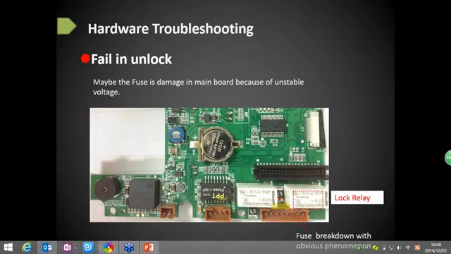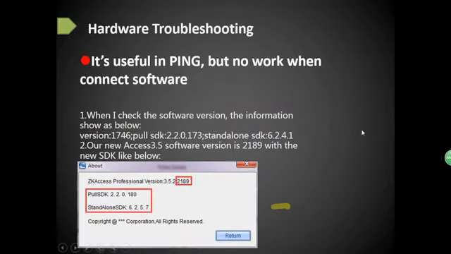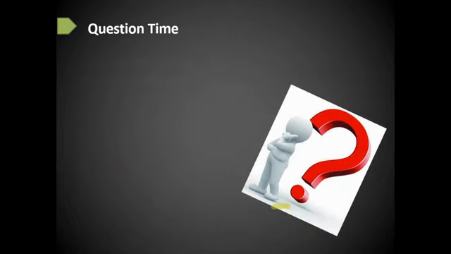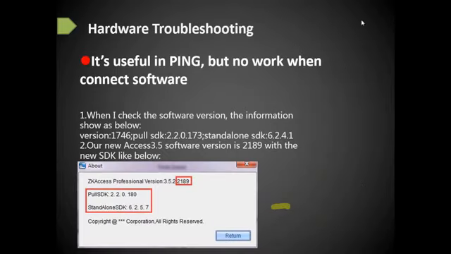The last question is about the MA500. Yes, it is useful to ping, so you can telnet, you can ping. Everybody should know this: if you can ping the device, it means the device is on your local area network.